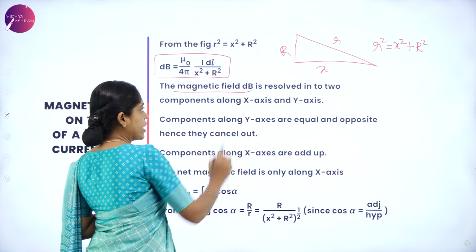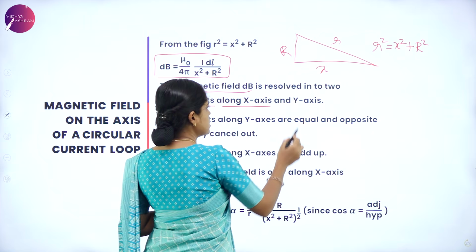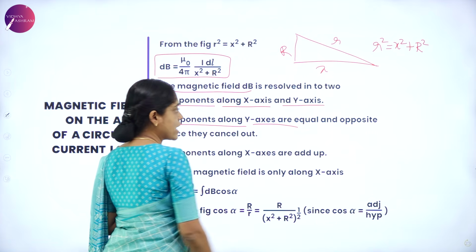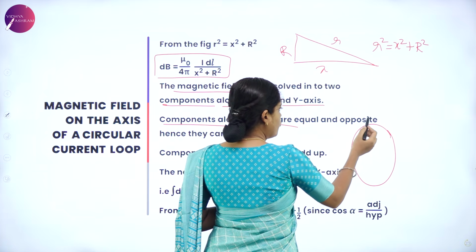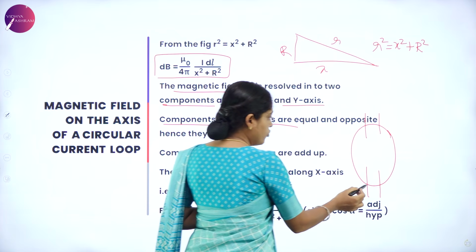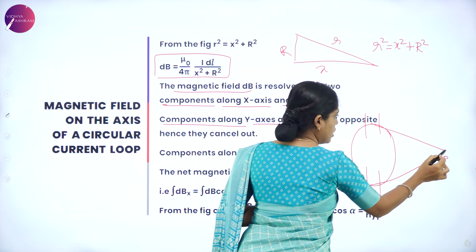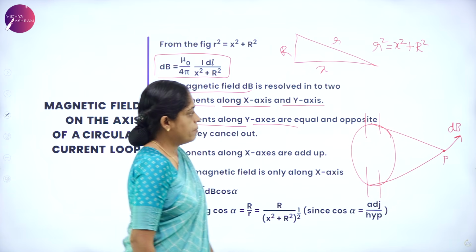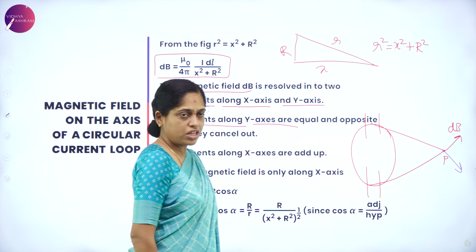And we have resolved the magnetic field into two rectangular components, one along the x-axis and the other along the y-axis. Observe here, for every current element, there is an opposite current element which produces a magnetic field at point P in the opposite direction.